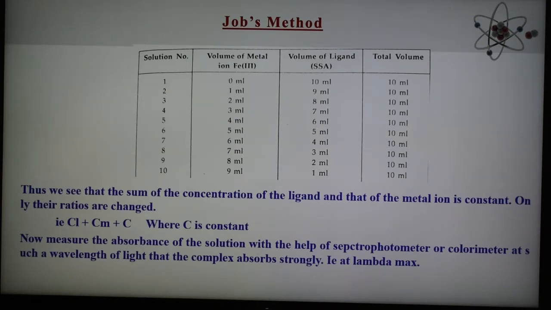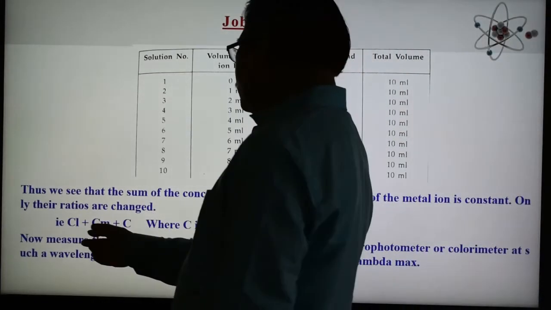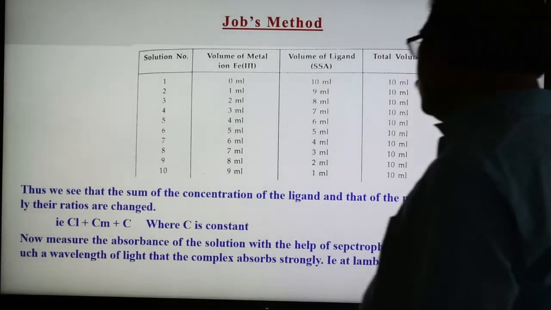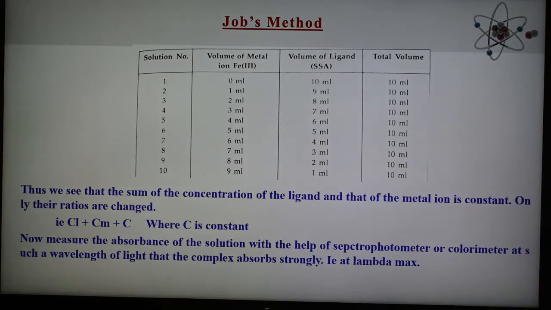Therefore we see that the sum of the concentration of the ligand and that of the metal ion is constant, and only the ratio we have to change. So concentration of ligand plus concentration of metal is equal to C, where C is constant. Then measure the absorbance of the solution.